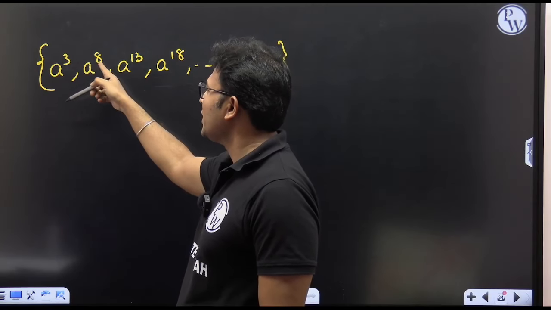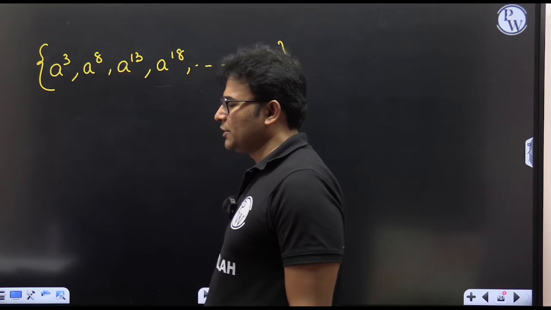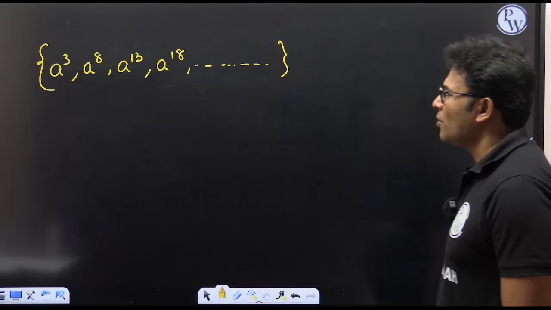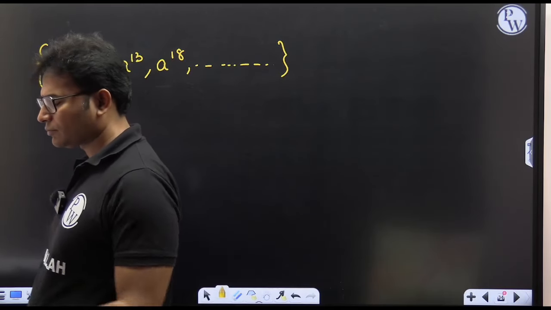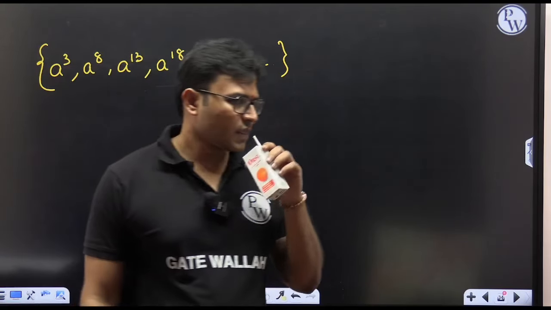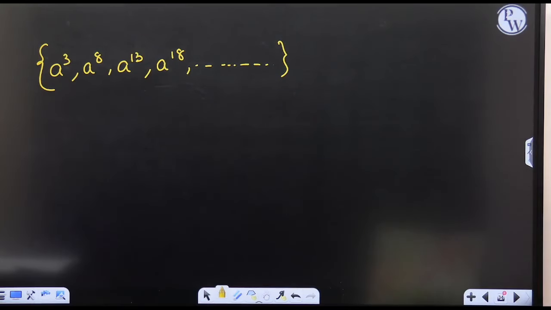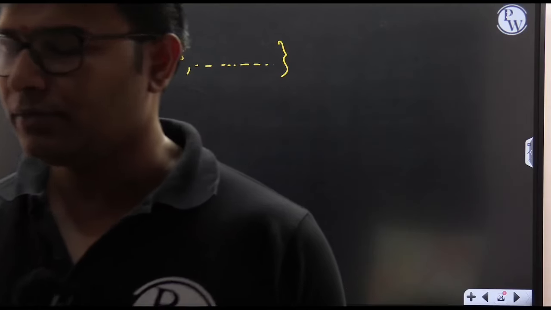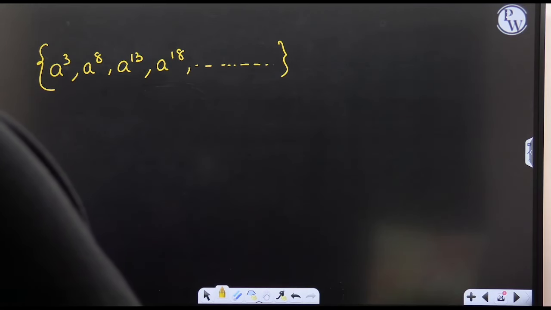From 3 to 8, 5, 8 to 13, 5, 13 to 18, 5. This is in AP and the common difference is 5.